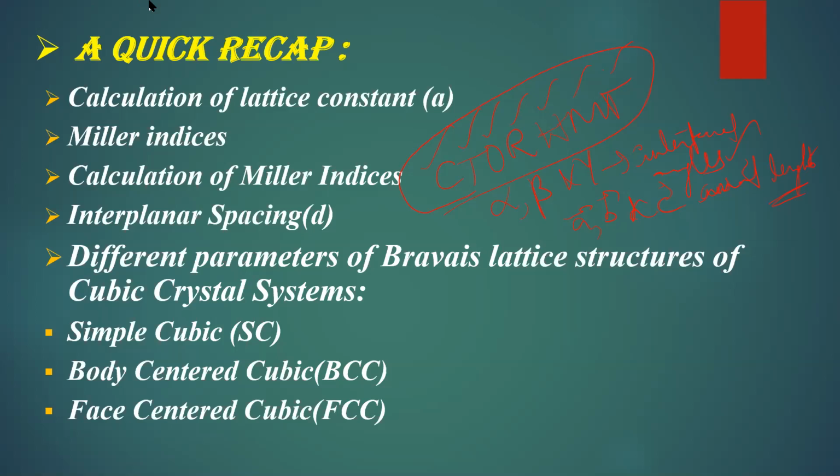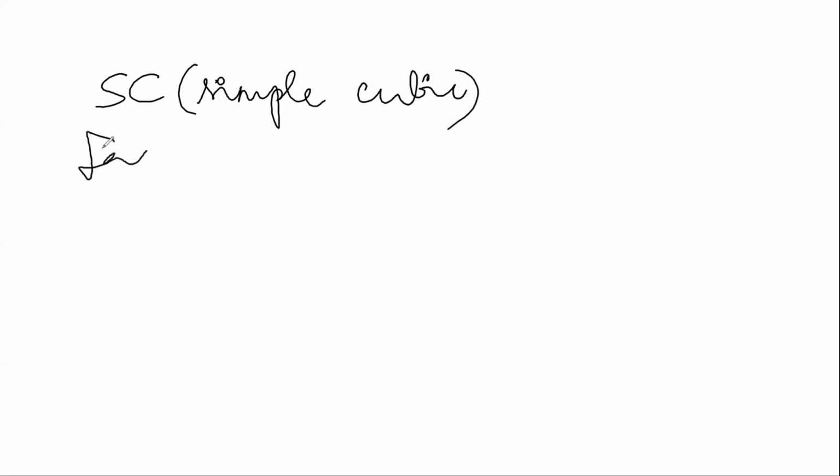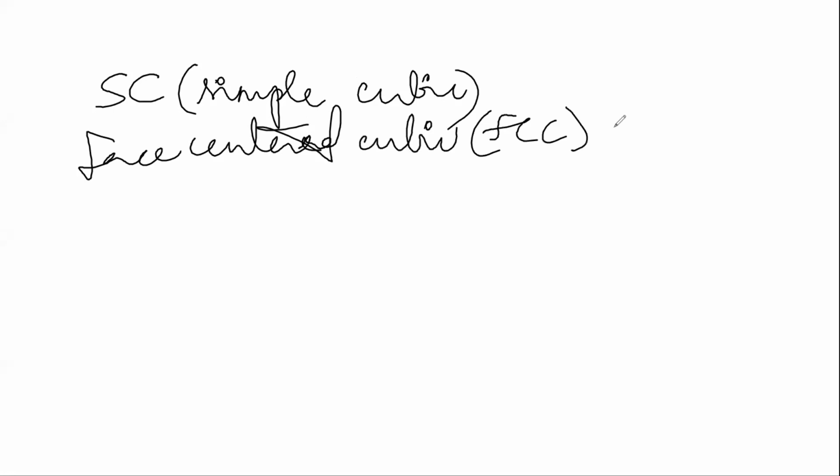So I'll use my whiteboard now. I'll draw the structure of diamond now. So far, what all the structures you have learned, students? We have learned the simple cubic structure, face-centered cubic, FCC, and body-centered cubic, BCC, right?